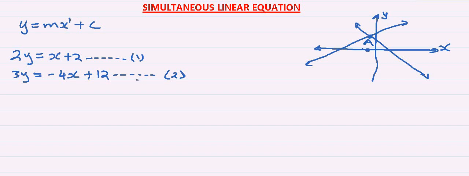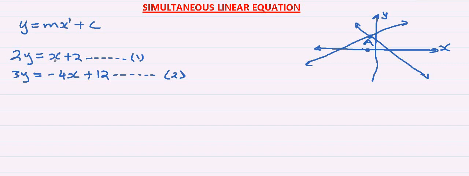The second step when you solve simultaneous equations is you check for the variable, it may be x or y, where the coefficient is 1. Let's take an example. Here we have 2y, meaning the coefficient of y is 2.